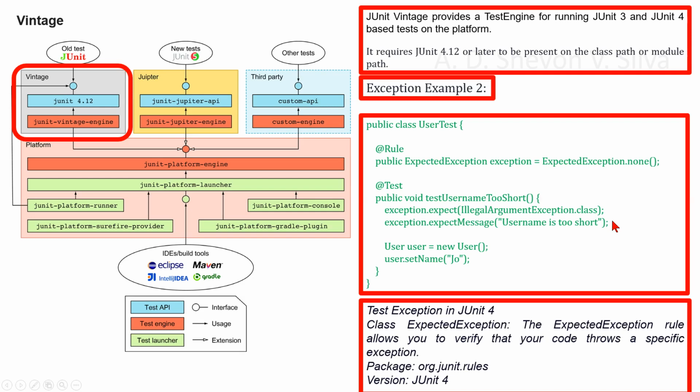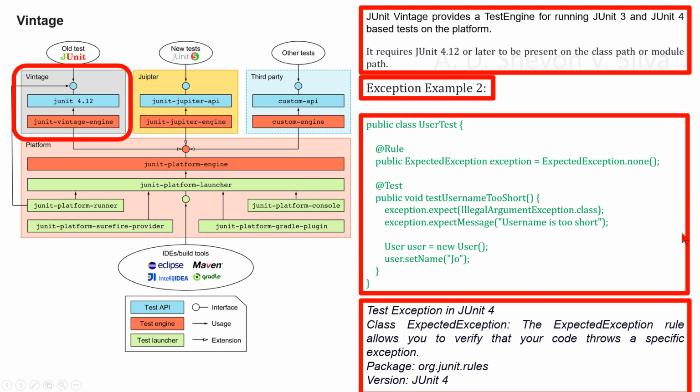Instead of specifying the exception type, you can characterize the expected exception based on other criteria too. The exception message contains a specific text. Here expectMessage and a string.